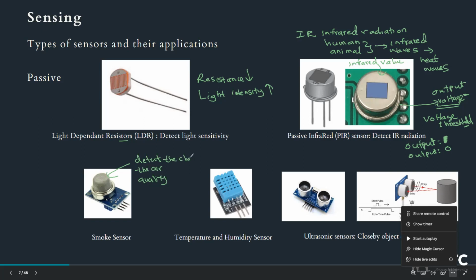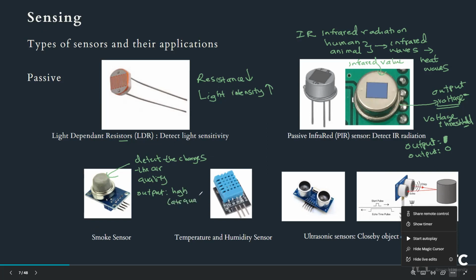The smoke sensor is able to detect the changes in the air quality, right? And the output of the smoke sensor will be high if the air is not clean, or if the air quality is less.